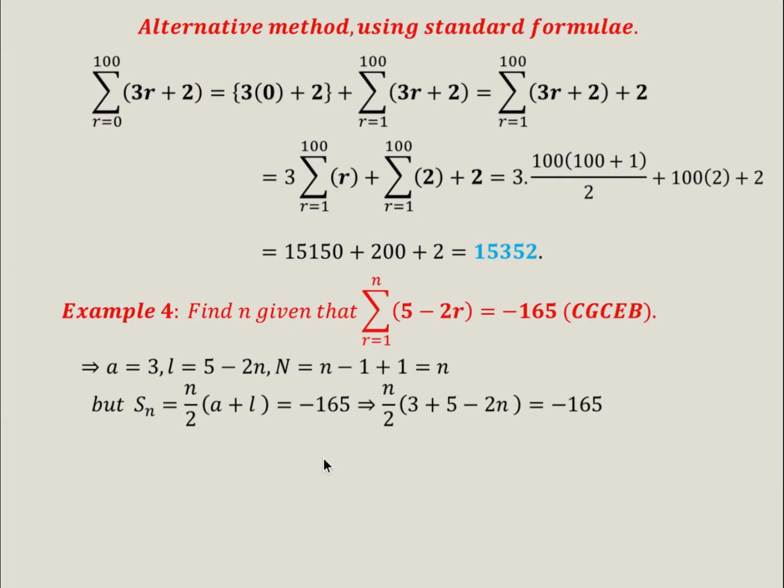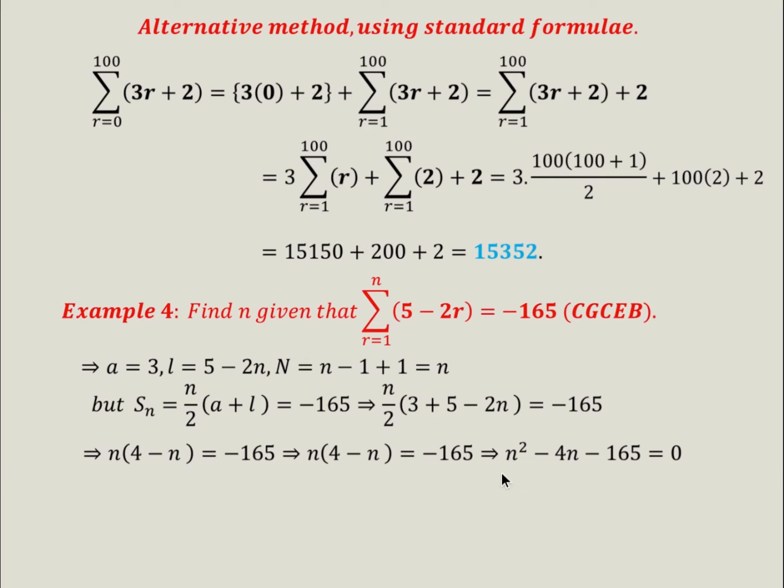Then we bring in the formula for the sum of the first n terms of an arithmetic series, which says the number of terms over 2 into the first term plus the last term, and this sum is supposed to be equal to negative 165. So we proceed to substitute our parameters: the number of terms n over 2 into the first term 3 plus the last term 5 minus 2n should be equal to the value of the sum, which is negative 165.